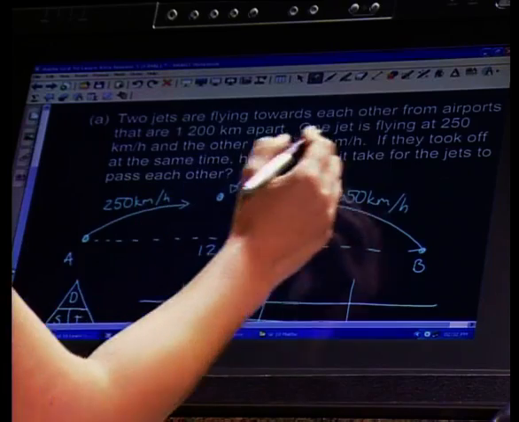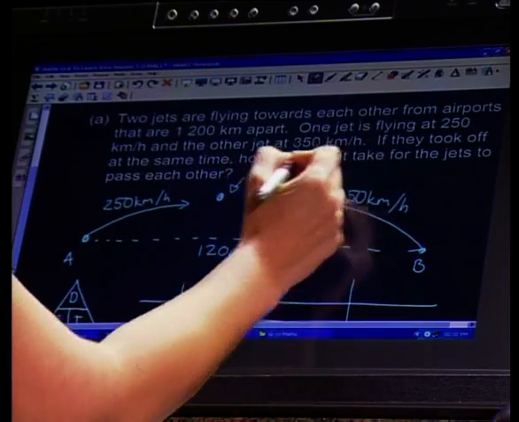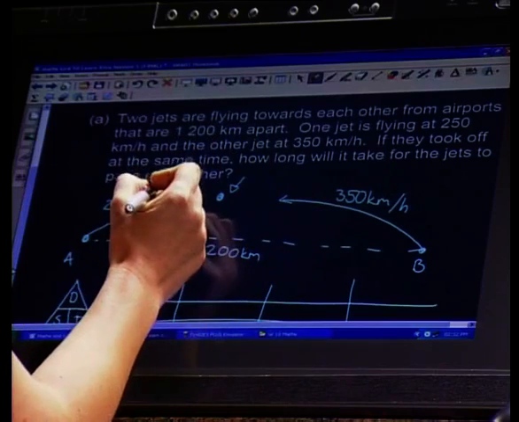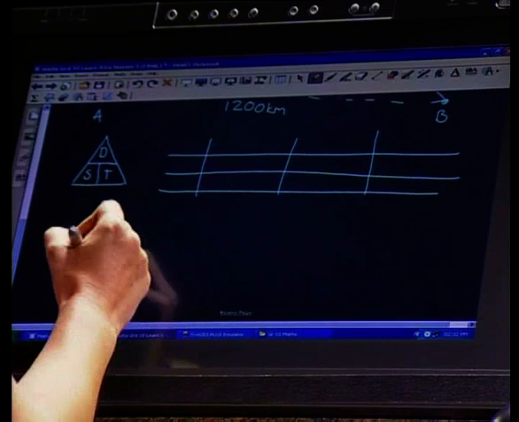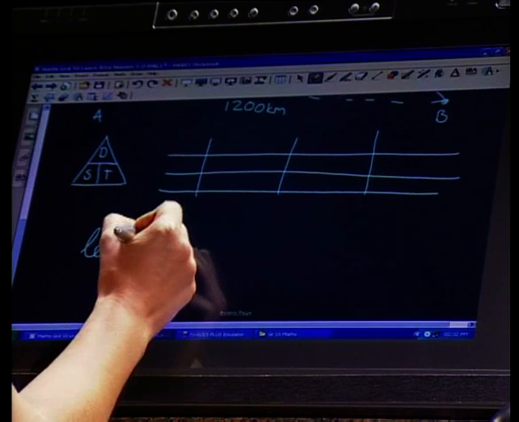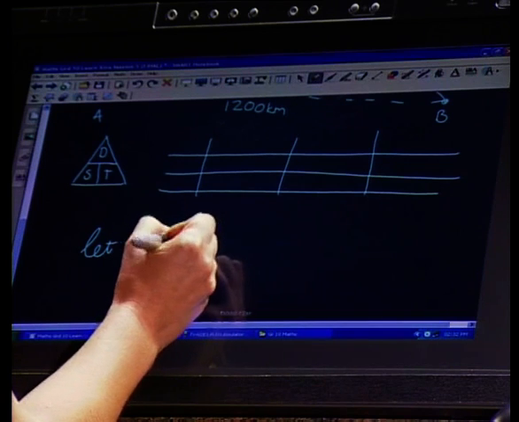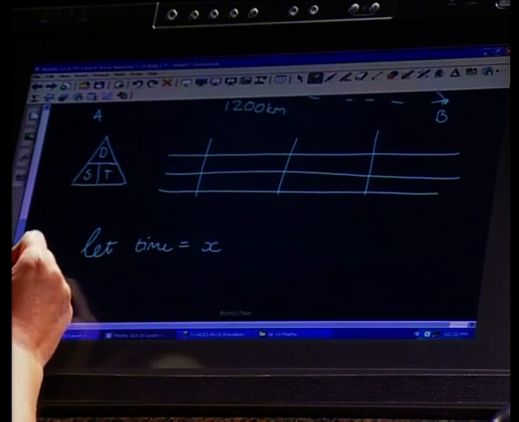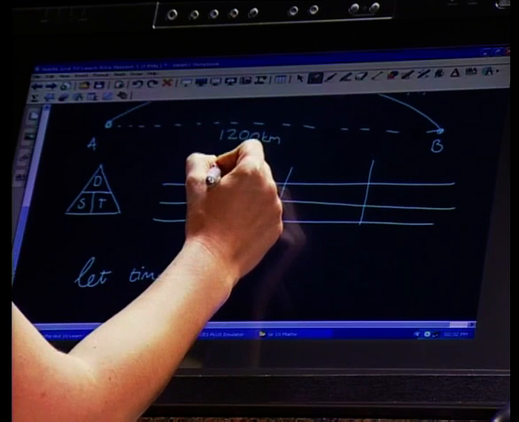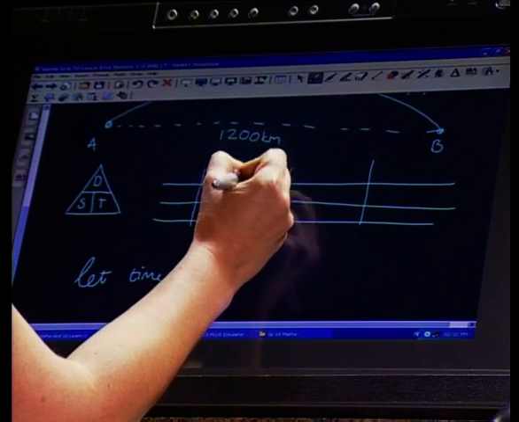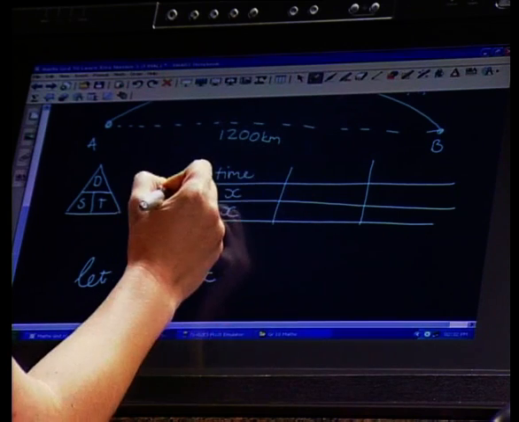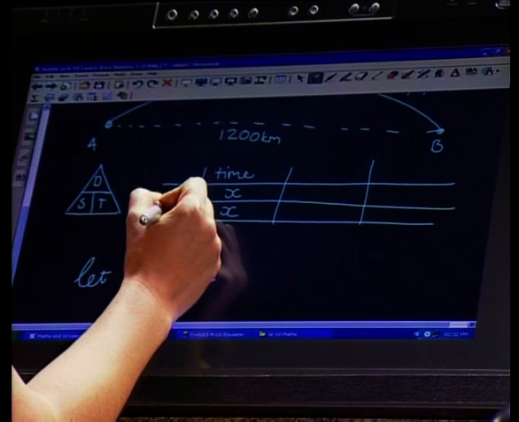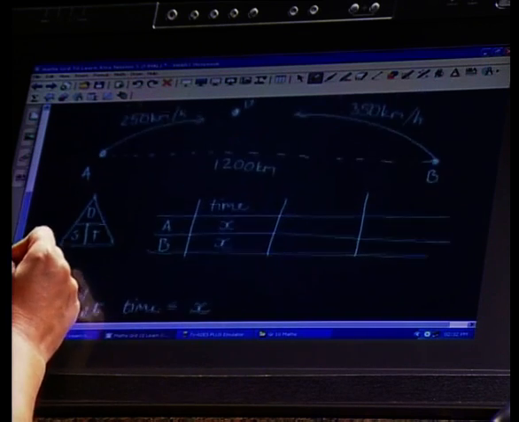If they took off at the same time, how long will it take for the jets to pass each other? What's going to be our x? Let time equal x. Now they're going to take the same amount of time to travel until the point that they pass each other. We're going to call the one plane, plane A, and the other plane, plane B.